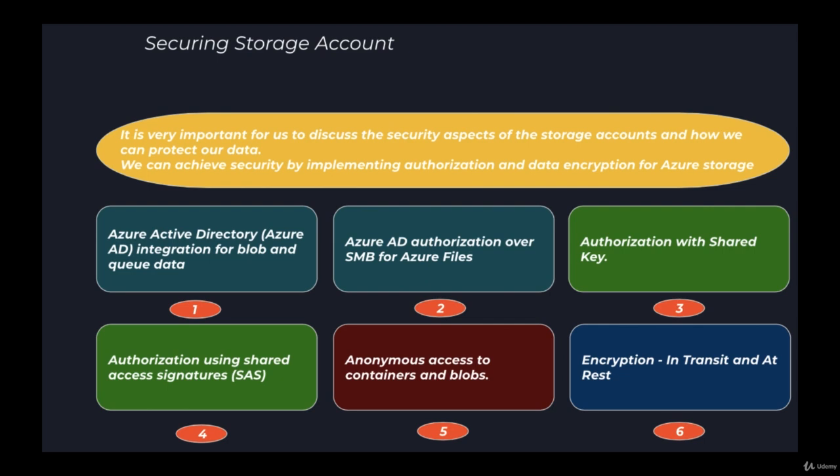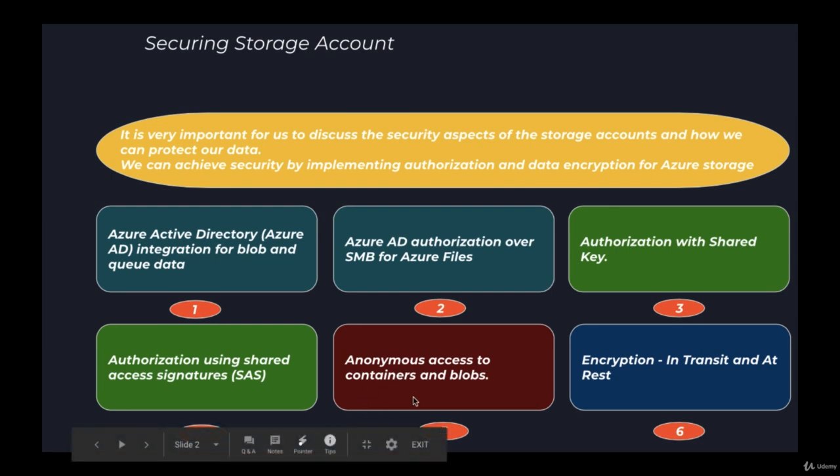By default, the containers and blobs within it may be accessed only by users that have been given appropriate permissions. To grant anonymous access, we need to select that particular option, and in that case, users can have read-only access to the containers and blobs. It is really not a feasible option. You can say it is not recommended, always.